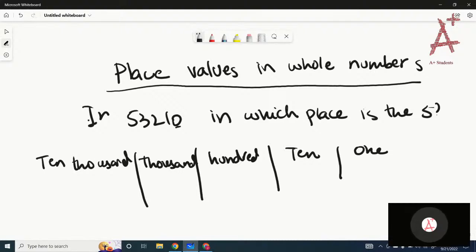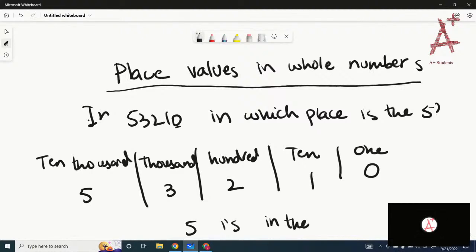The rightmost is always at the ones place, then at the tens place, then at the hundreds place, then at the thousands place, and then at the 10,000s place. So that means we need to see 5 is in which place. So 5 is at the 10,000 place. Got it?